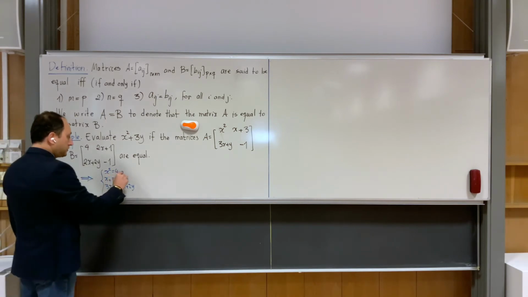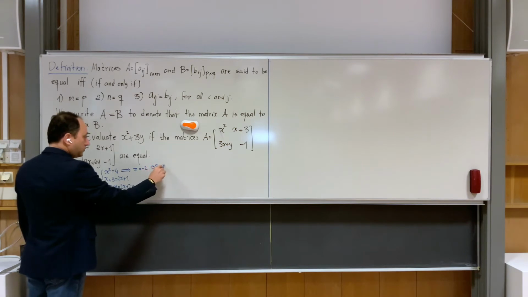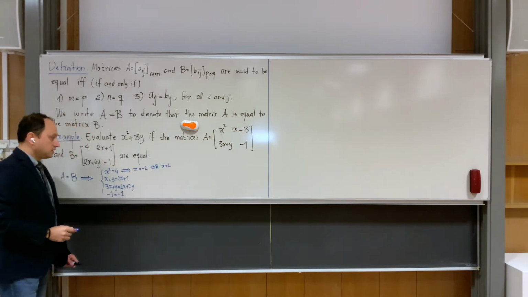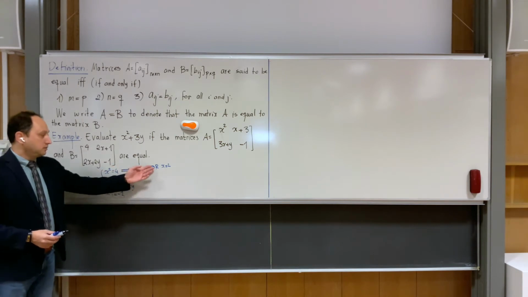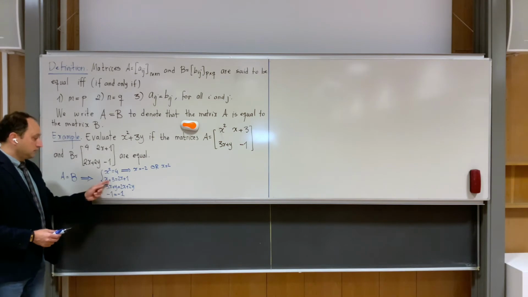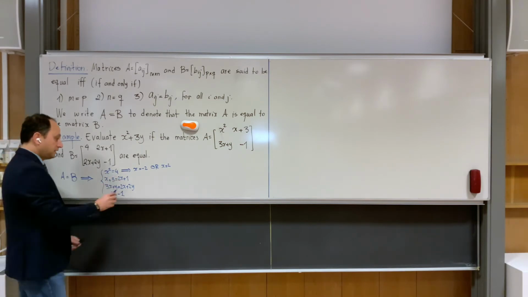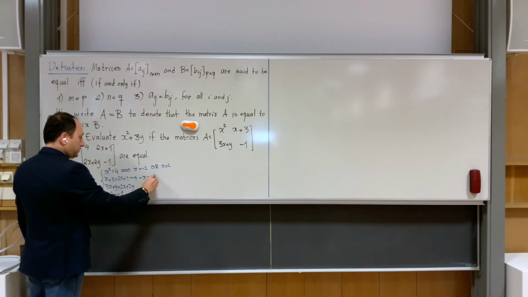So x squared is 4, so I get x equal to minus 2, or x is equal to positive 2. So as far as the first condition is concerned, x can be either minus 2 or 2, but let us consider the second condition that should also be simultaneously met. I move 2x to the left, it becomes minus x, and I move 3 to the right, it becomes minus 2.